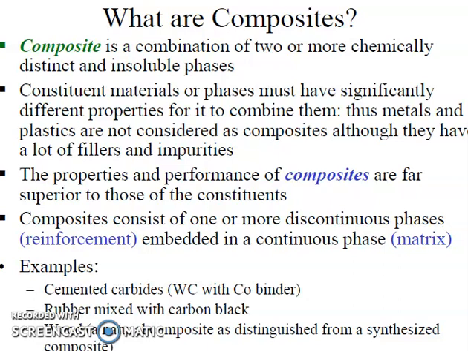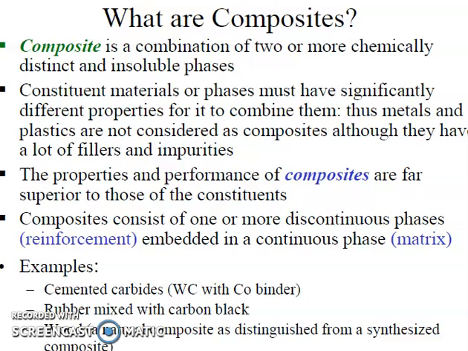Thus, metals or plastics are not considered composites, although they have lots of fillers and impurities in them. Properties and performance of composites are far superior to those of their constituents. Composites consist of one or more discontinuous phases. We call them reinforcement, which is embedded in the continuous phase.